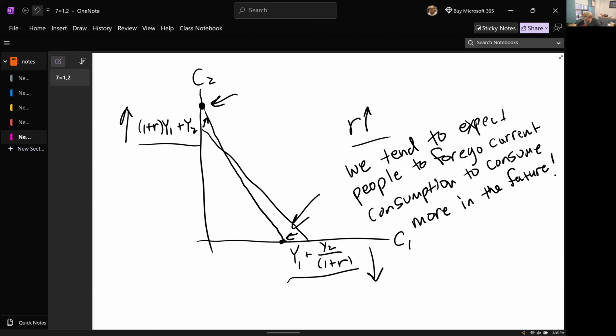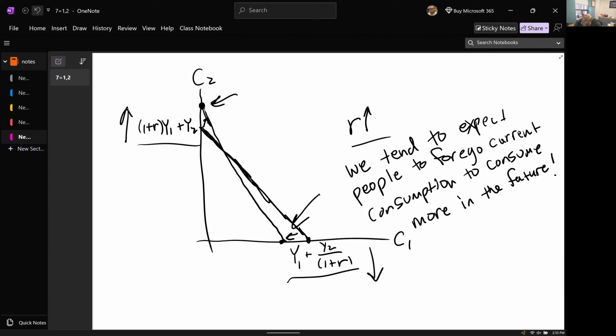But it's just important. And again, the idea here is that we start with this initial budget constraint under the initial market conditions. And then for some reason, either the market or because of policy, interest rates rose.